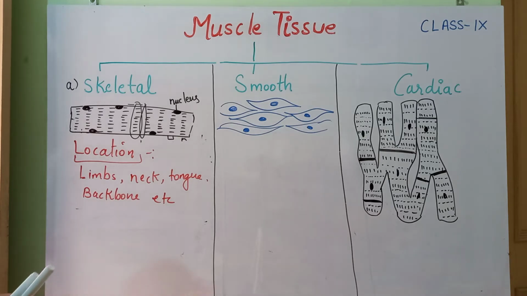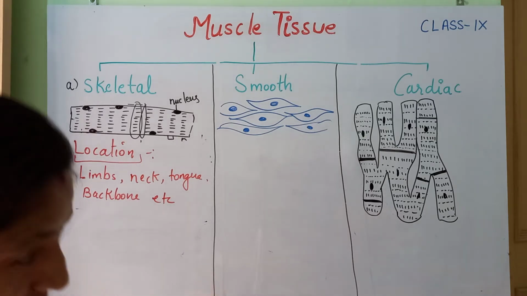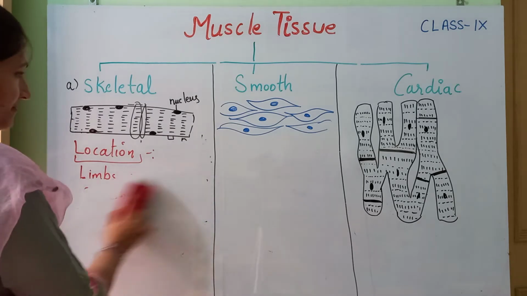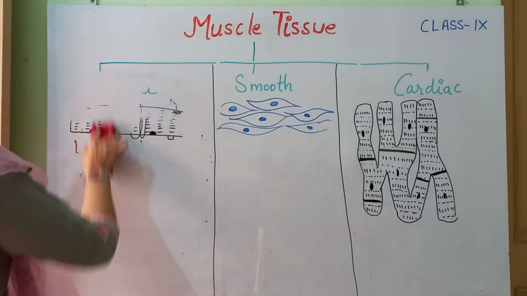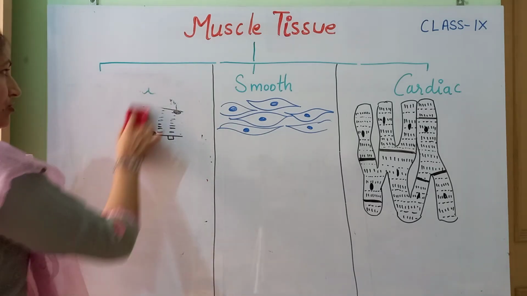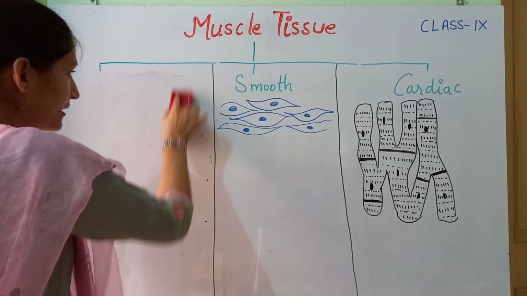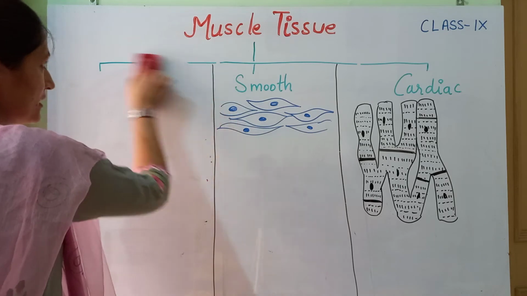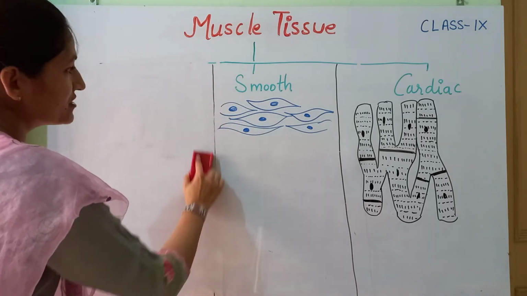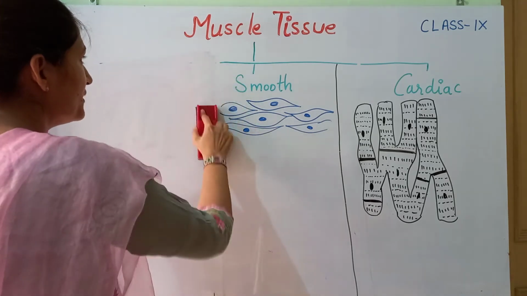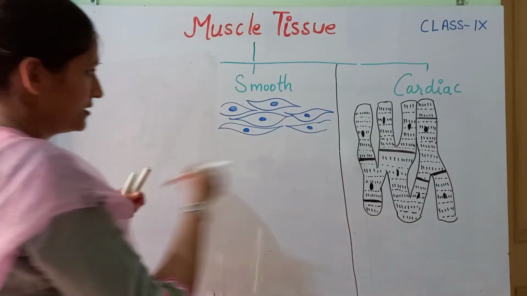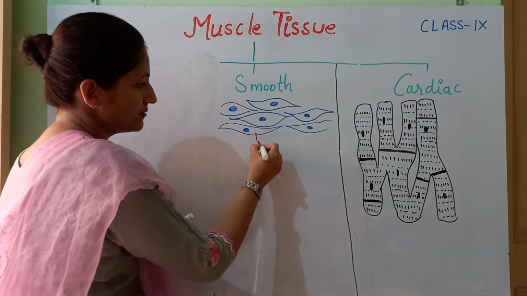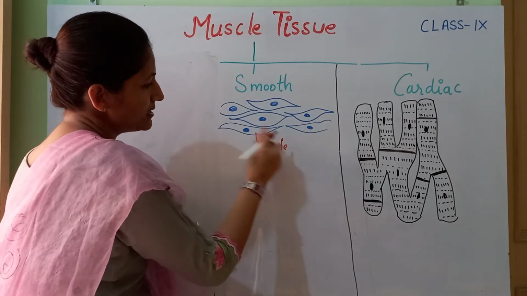Fine. Next, the smooth type of muscles. So smooth type of muscle is also known as unstriated. As you can see, no striations are formed, no bands are formed over here. Okay? As you can see, there are no bands. These are the muscle cells.